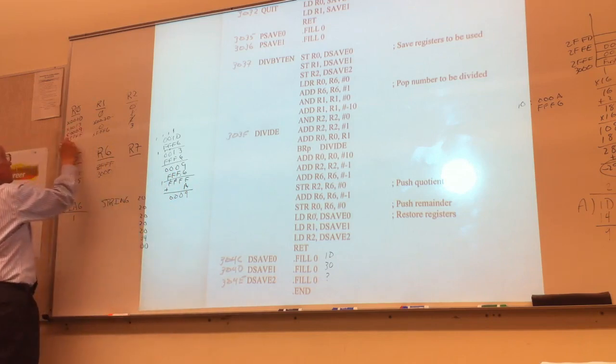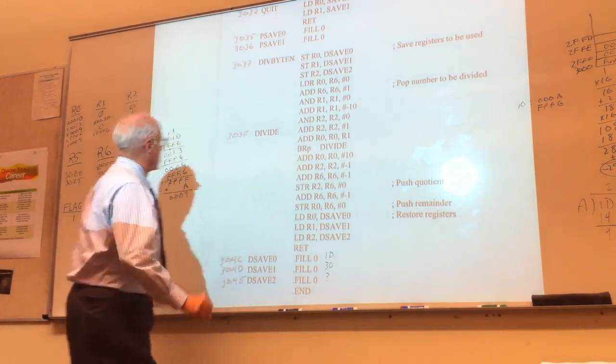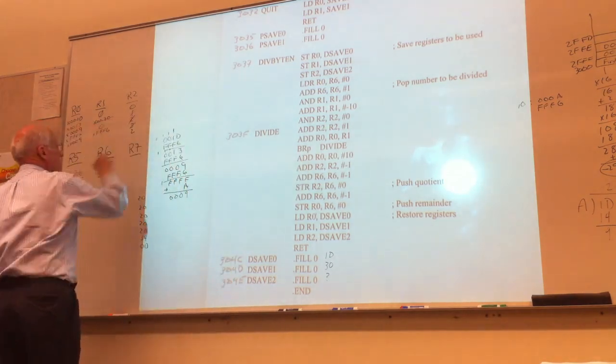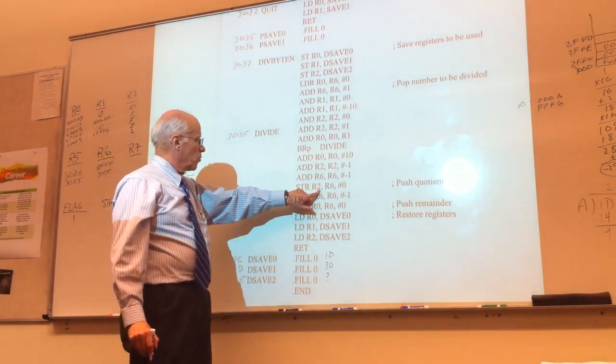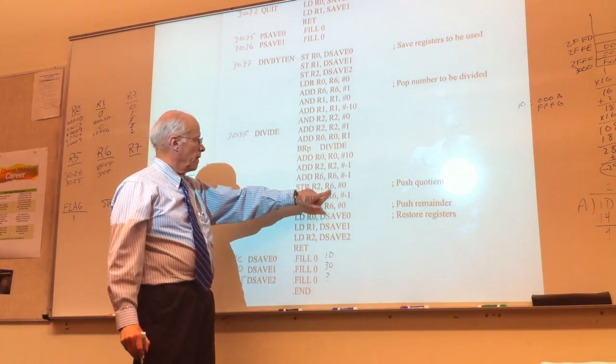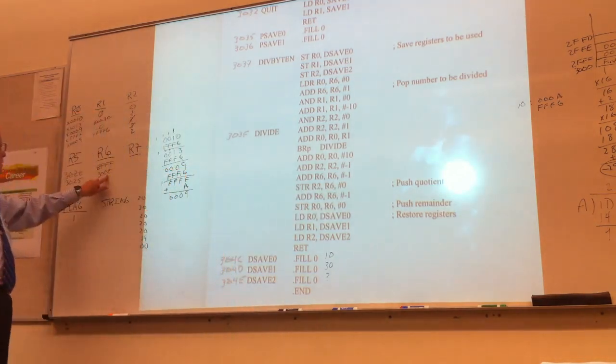So I'm back to 9. I add a minus 1 to register 2. Now I store register 2 where register 6 is pointing.